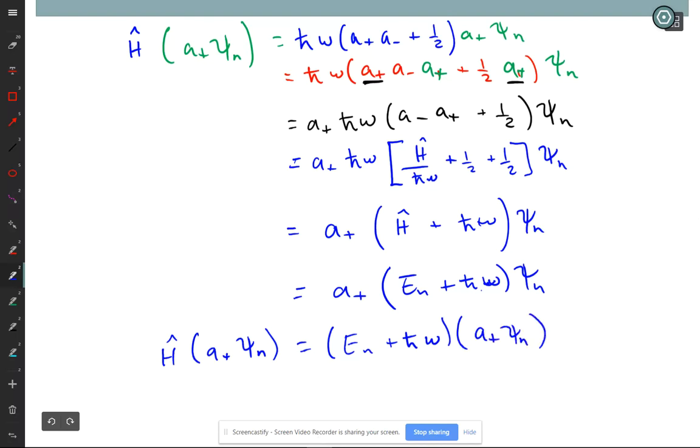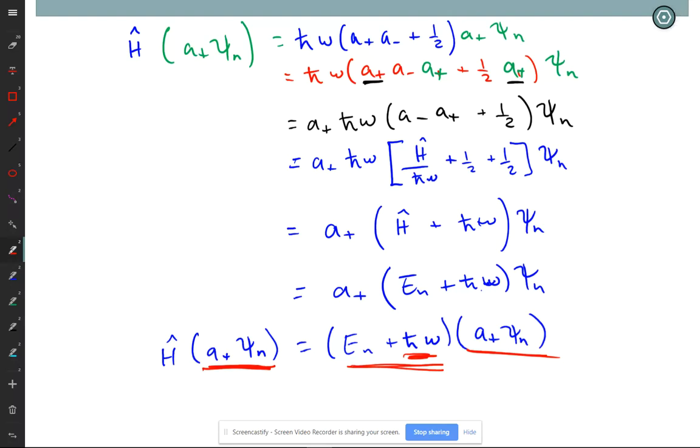Now, this here, I mean, it seems like just a bunch of algebra. I'm guessing that's what it seems like to you at least. But it does have an important quantum physics outcome. What this says is that if psi sub n is a function of the Hamiltonian, then so is a plus psi sub n. But it's a function that has an energy that's increased by h bar omega.